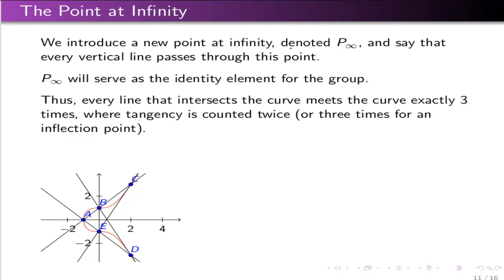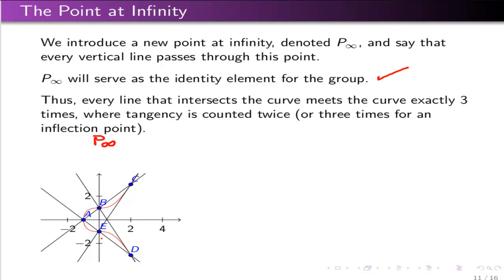So we introduce a new point at infinity, denoted P infinity, and just think about that point as sitting way up here. It's just some point at infinity. And we say that every vertical line passes through this point. So P infinity is going to serve as the identity element for the group that we're going to construct. And by introducing this point, then every line that hits the curve at 2 points will meet the curve at a third point.